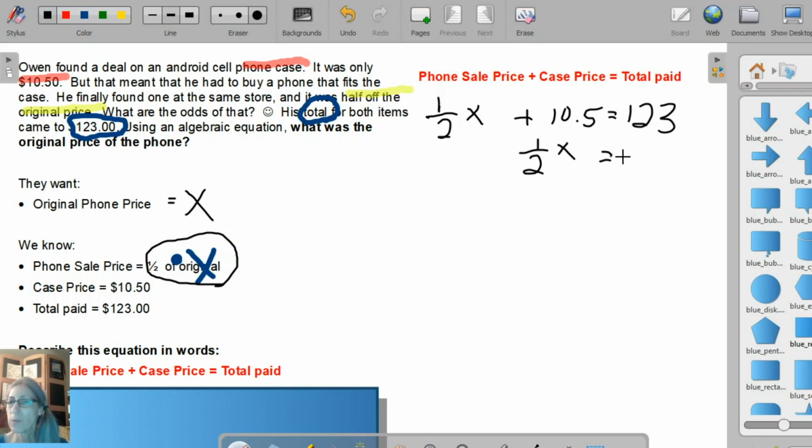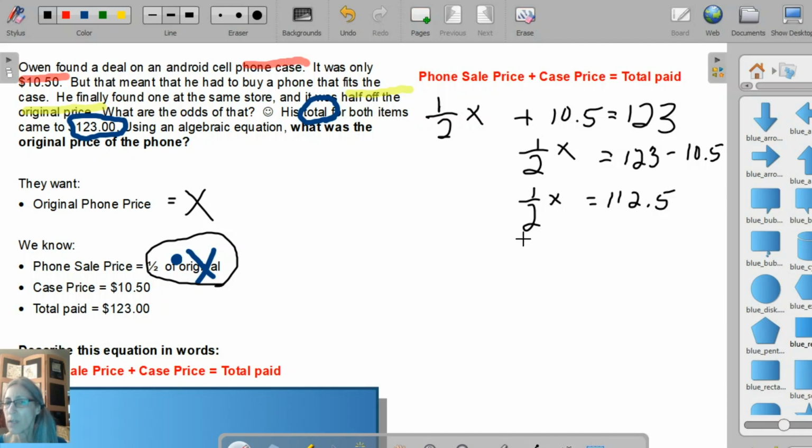And then we end up with 123 minus 10.5 on this side, which results in 1/2 X equals 112.5.